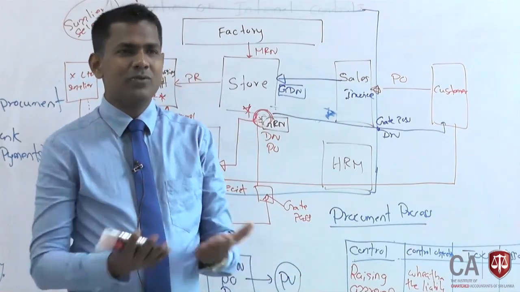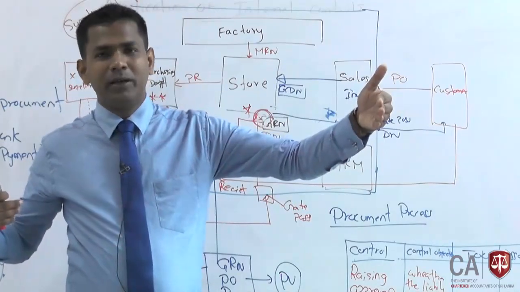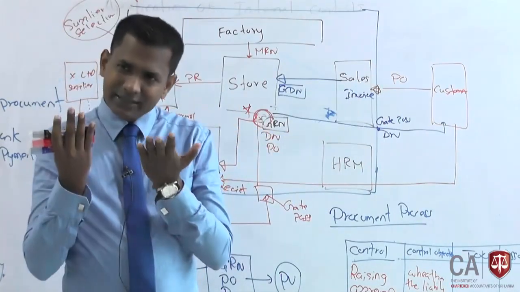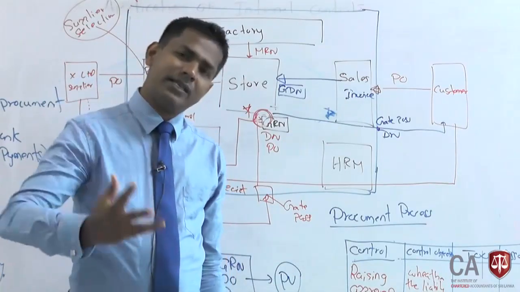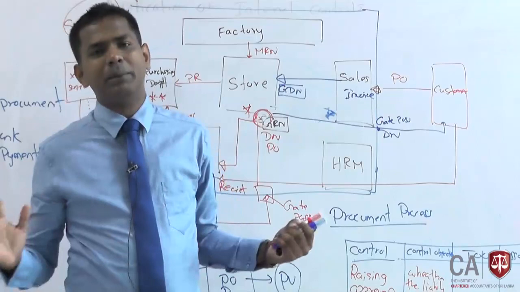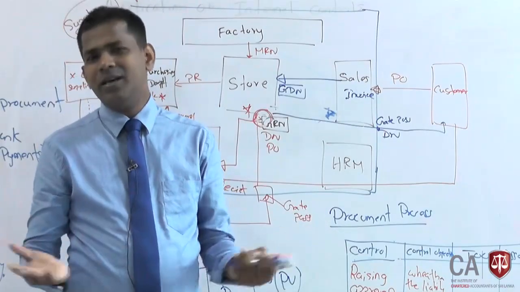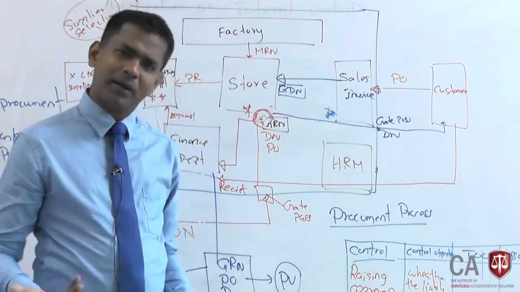What you need to do? You select a sample of GRNs throughout the period on a systematic basis and check whether the appropriate, correct GRNs have been raised and approved by the particular people. Twenty-five transactions, you select and you check. Simple.